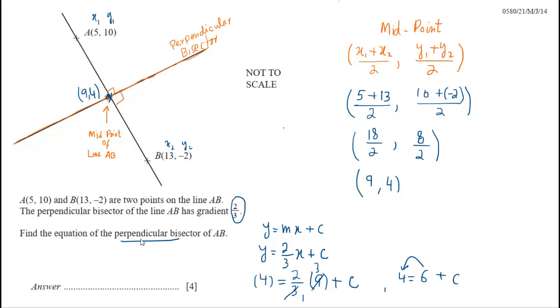This comes over here, 4 minus 6 is equal to c, so c is minus 2. Therefore the equation of the line is y equals mx plus c, where m is 2 over 3x and c is minus 2. So this is the equation of the perpendicular bisector.